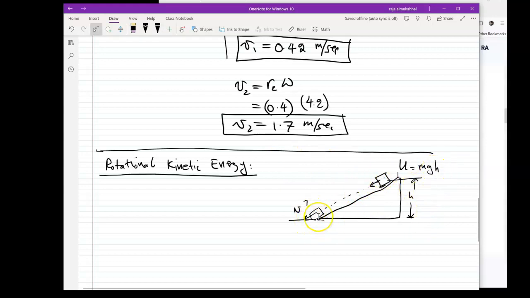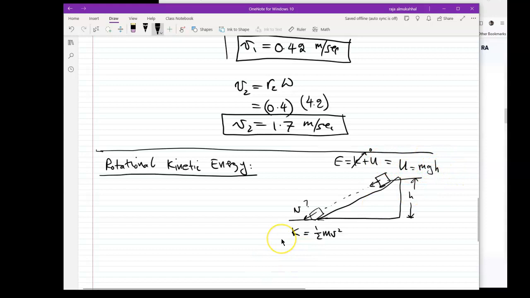At the bottom here, assuming that there is no friction, all this potential energy has been converted into kinetic energy. And so the total energy here is basically kinetic energy, equal to 1/2 mv squared, right? And of course, when we say the total energy here is K plus U, so here K is 0, so you only got U, and that's equal to mgh.